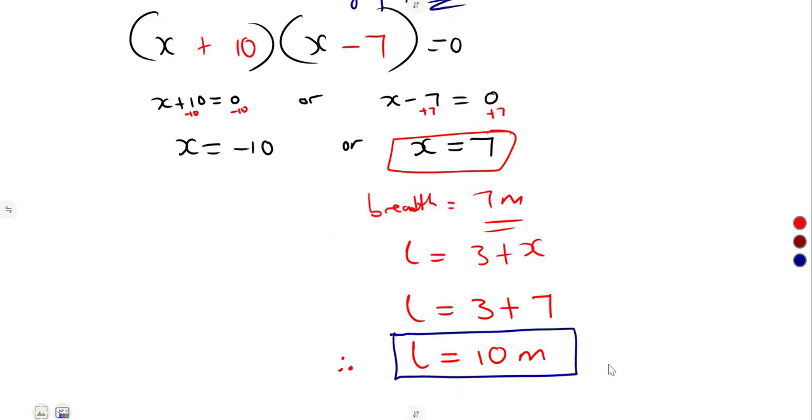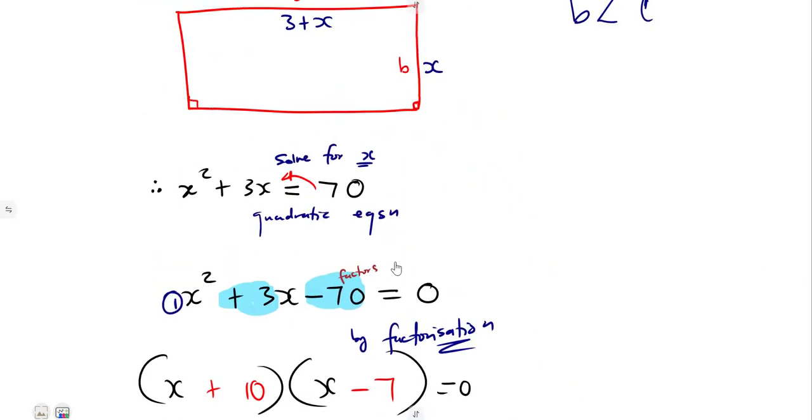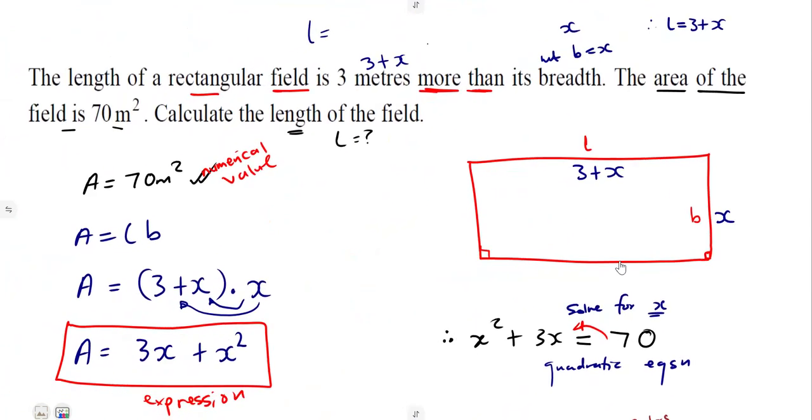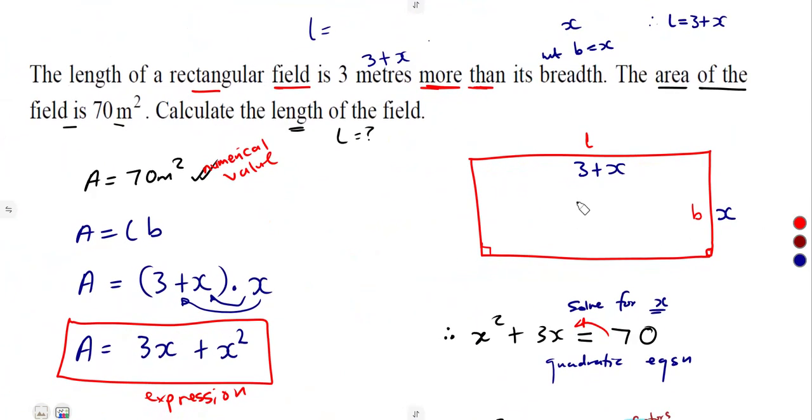So that is the question that we are given. The length is 10 meters. So if you take this, it must exactly match what you're given. Remember, they said the area is 70. The length is 10. The breadth, we say the breadth is 7. So if you multiply 10 times 7, it is 70. Area, length times breadth, 10 times 7. You can see that it is exactly what you're given.